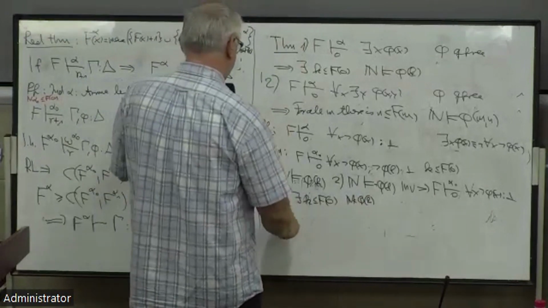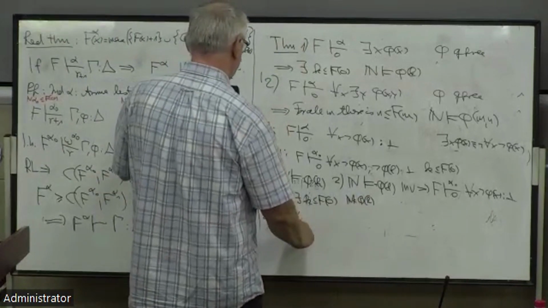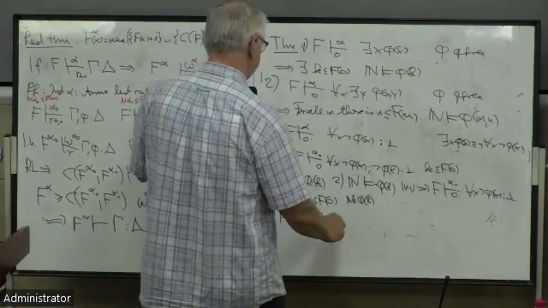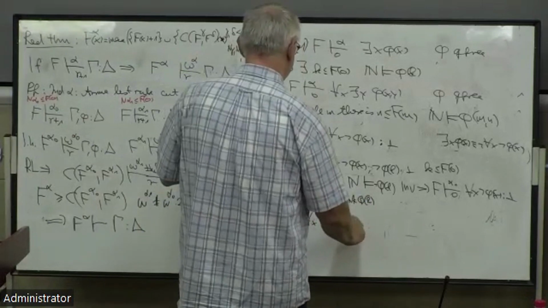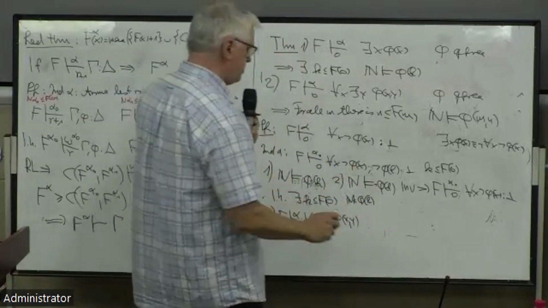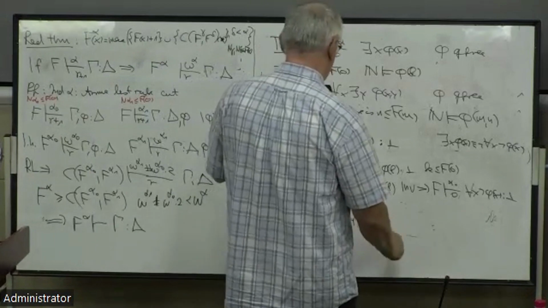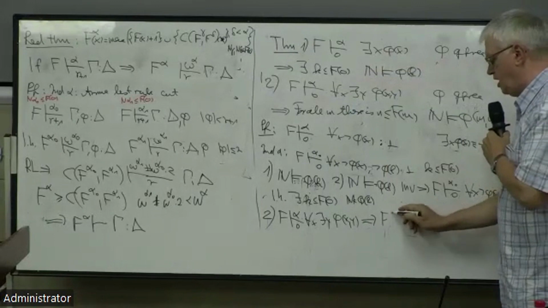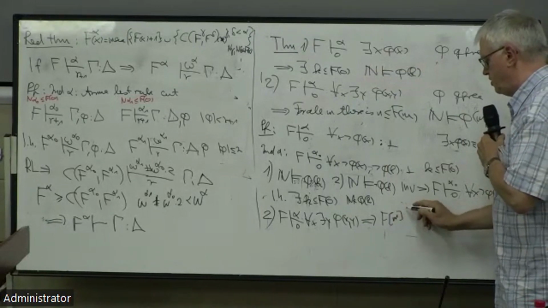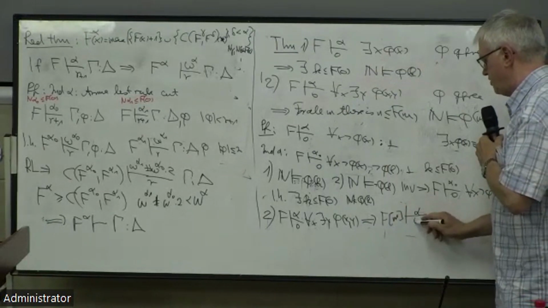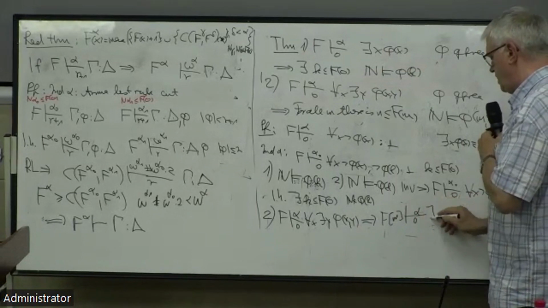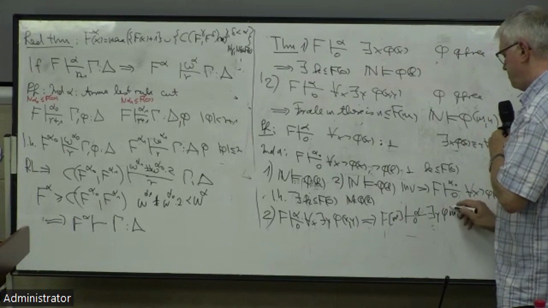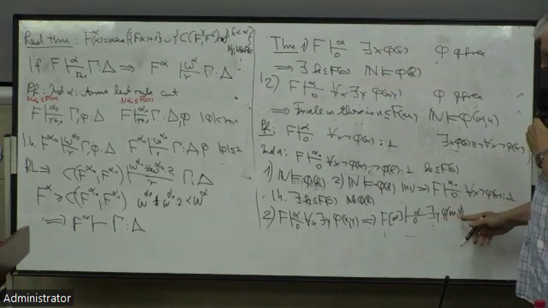So assume f controls a derivation of a pi 0 2 statement. Then we do inversion. Invert on m. So f of m controls then the derivation alpha 0 of there is a y phi of m and y. Now here we have an existential statement.